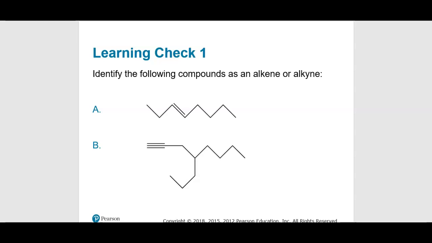Just identify them as alkenes or alkynes. They don't really give the names there, but you will be able to name these things shortly. Just remember, alkene is a double bond, and alkyne is a triple bond. Sometimes you can have double bonds and triple bonds in the same molecule, but we're not going to get into that.